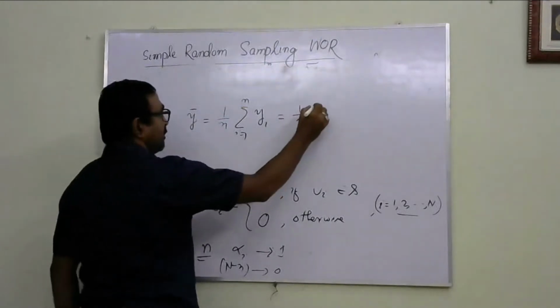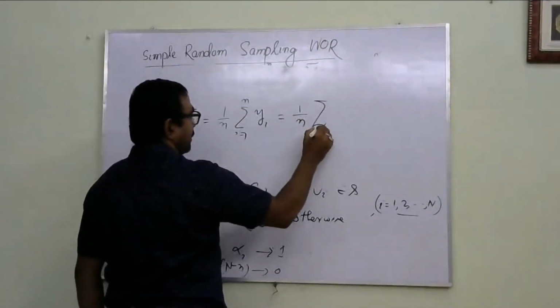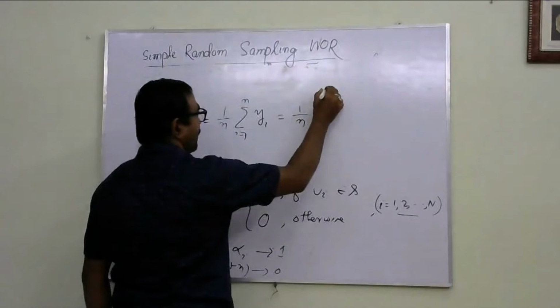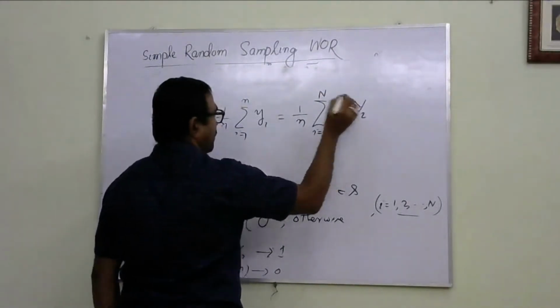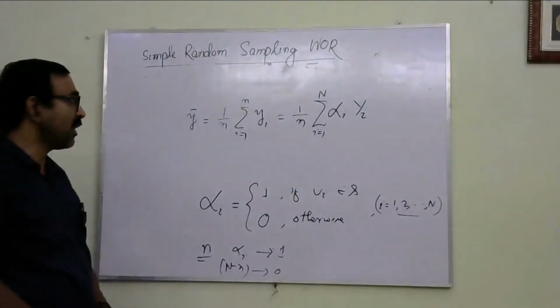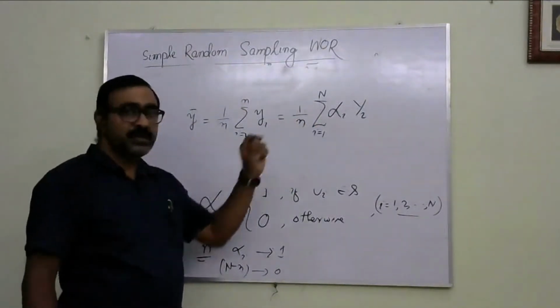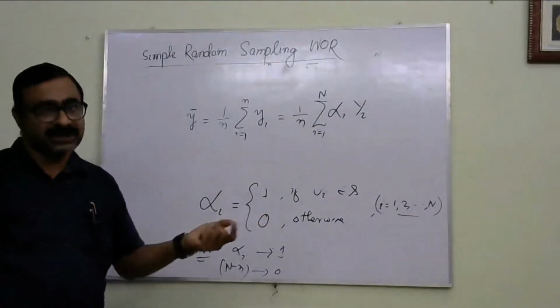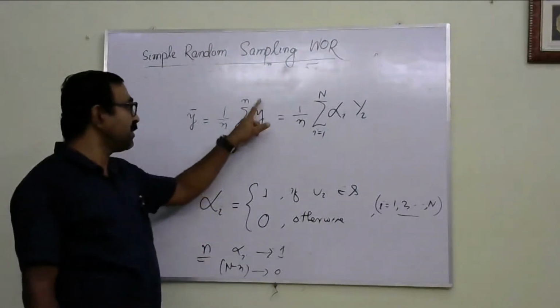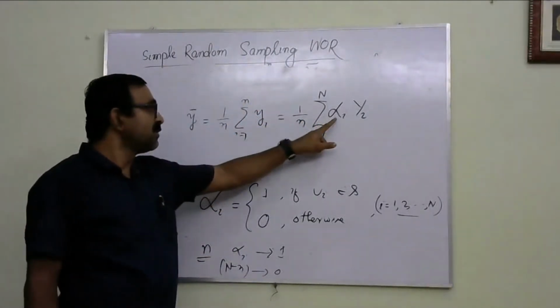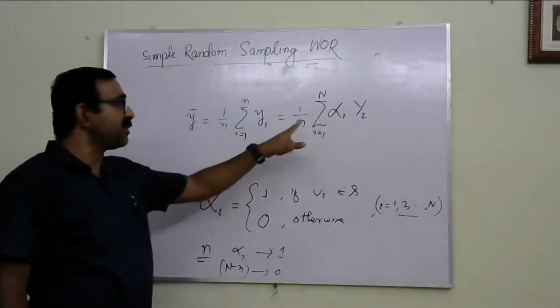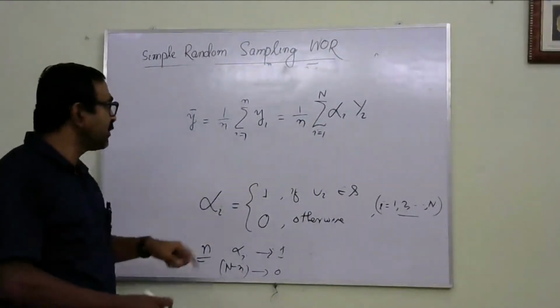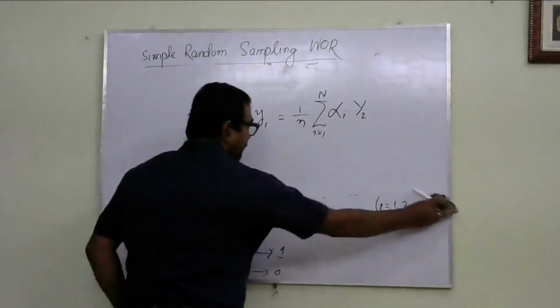This is equal to 1 by small n summation i equal to 1 to capital N alpha i y i. So alpha i is equal to 1 for only those values which are in the sample. So for the sample values, this alpha i equal to 1. For the remaining which are not in the sample, these values are 0. So now taking the expectation.